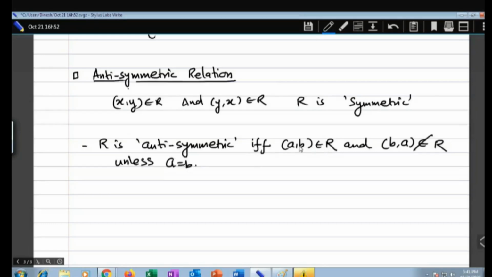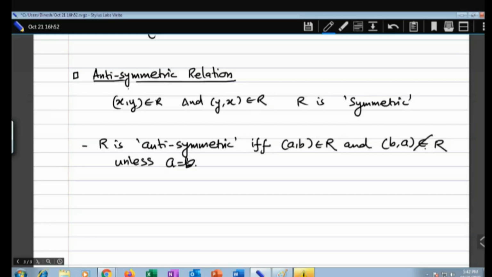So it can be reflexive, but it cannot be anti-symmetric otherwise. If (a, b) and (b, a) are in R, then ultimately you conclude a is equal to b. Otherwise, if (a, b) is in R, then (b, a) should not be there.